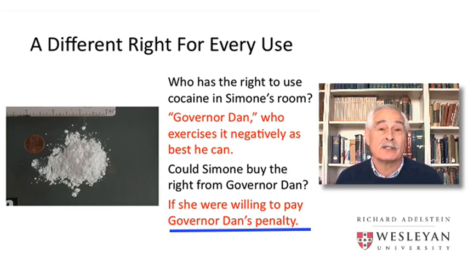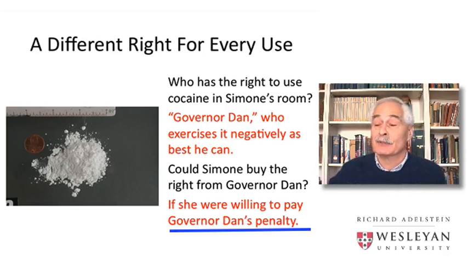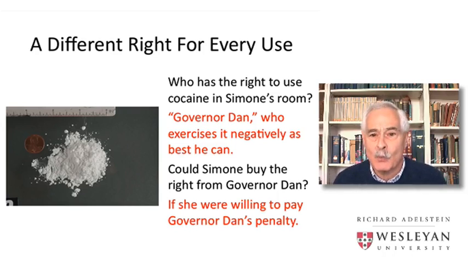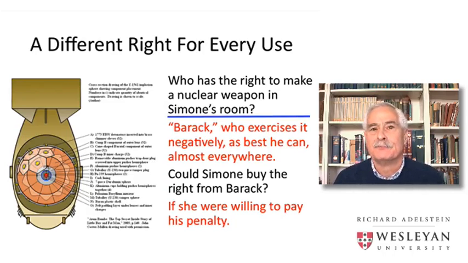And so analogously to the way in which Simone could purchase the property right to nail posters in the wall by paying the appropriate fine to Mike, she can also appropriate the right to use cocaine in her room from Governor Dan simply by paying Governor Dan's price, which will be considerably higher than Mike's price for nailing a poster into the wall.